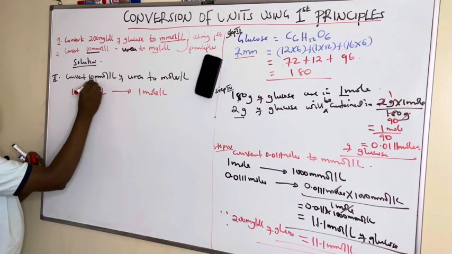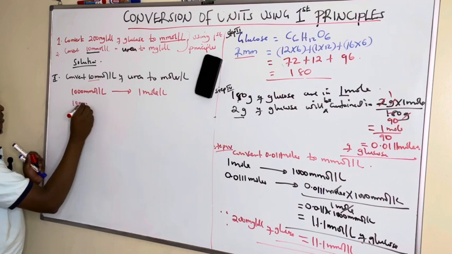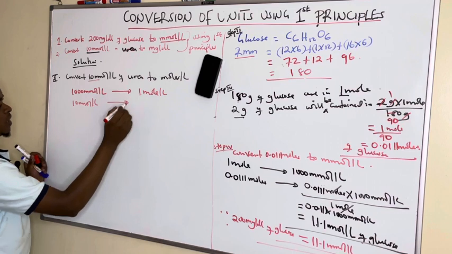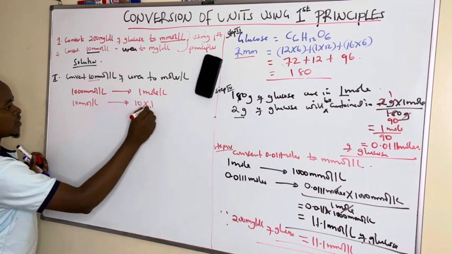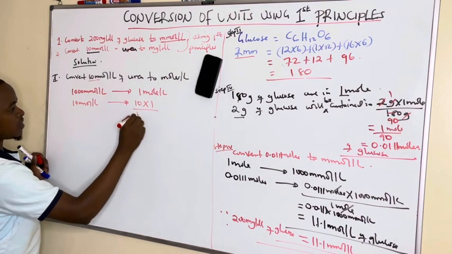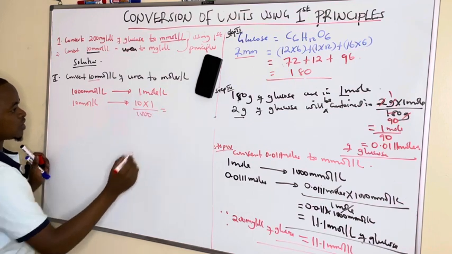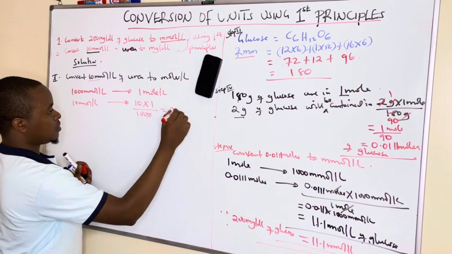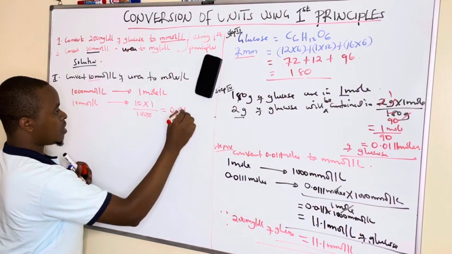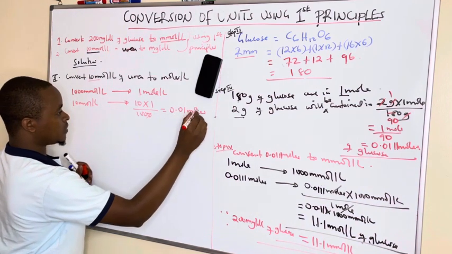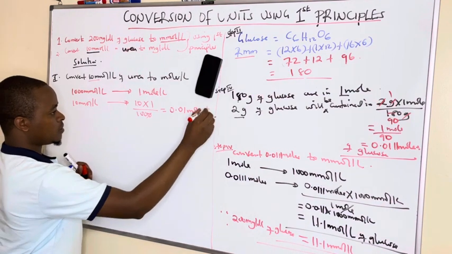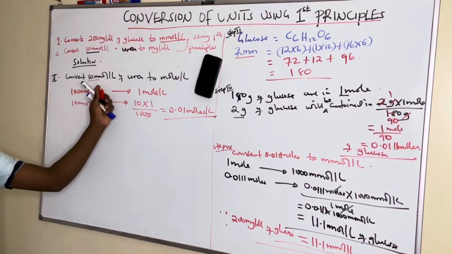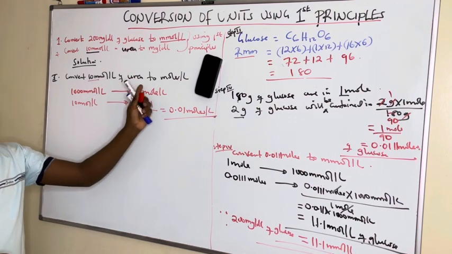What about the 10? 10 millimoles per liter will be equivalent, we cross multiply, whereby we get 10 times 1, we divide by 1,000, and this gives us 0.01 moles in a liter. So we have converted 10 millimoles of urea to this.